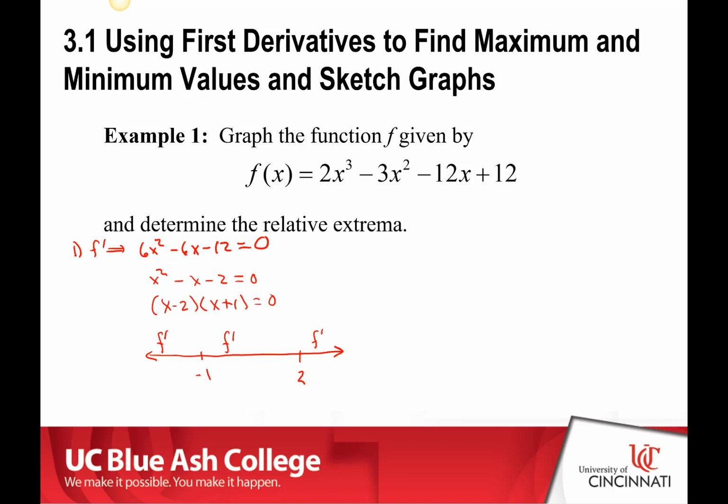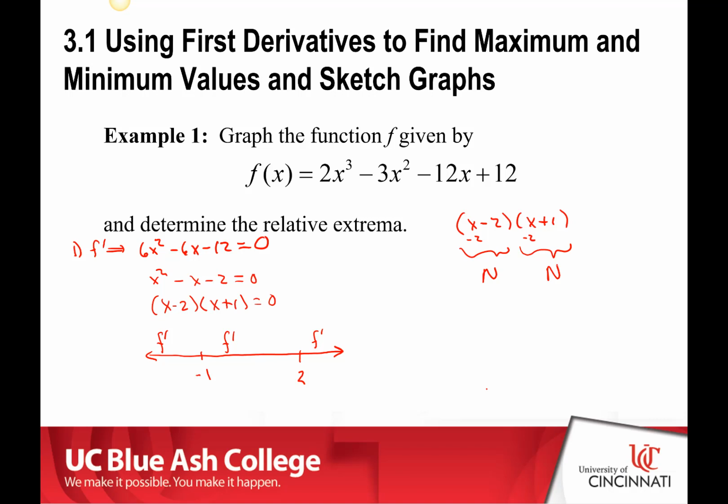What we're going to first do is evaluate the derivative to the left of -1, like -2. If we take our x minus 2 times our x plus 1 and we plug a -2 into each location, this first factor is going to become negative. The second factor is going to be negative as well. Does that make sense how I'm getting that negative value?